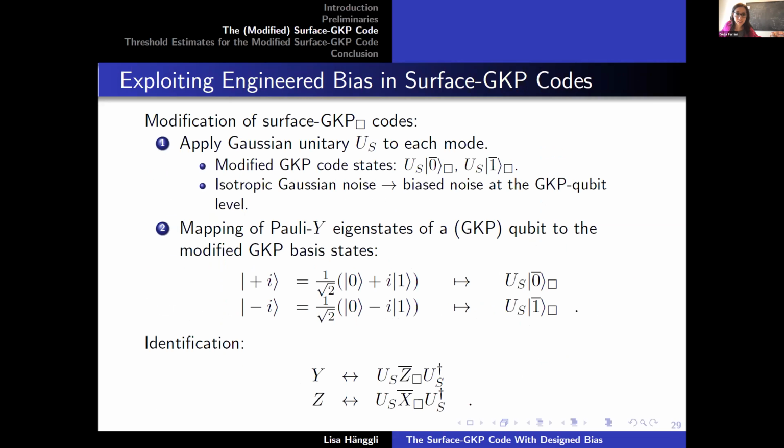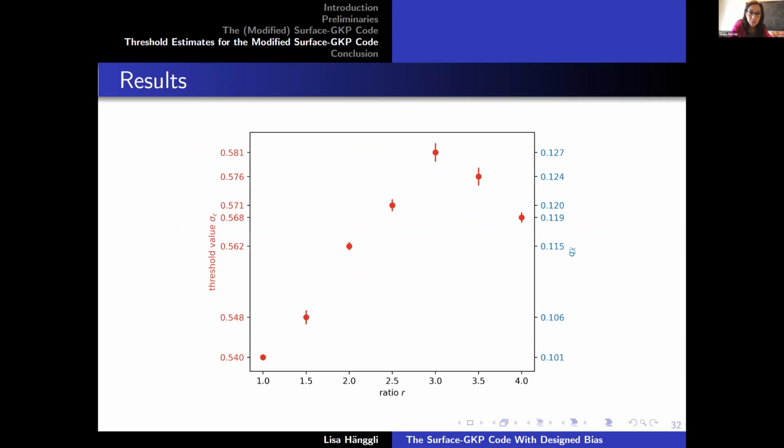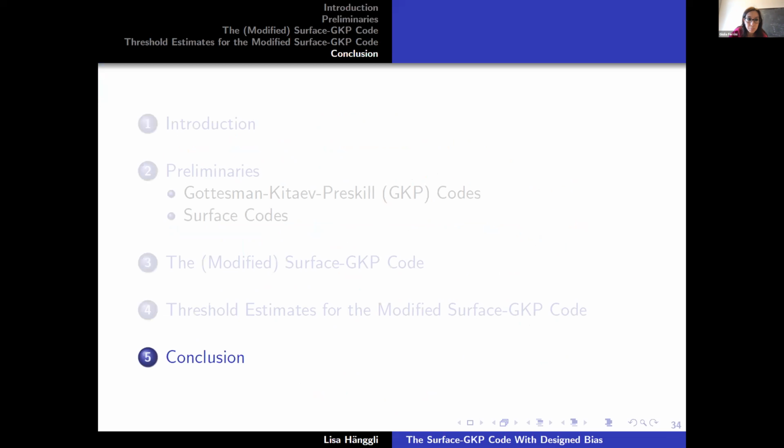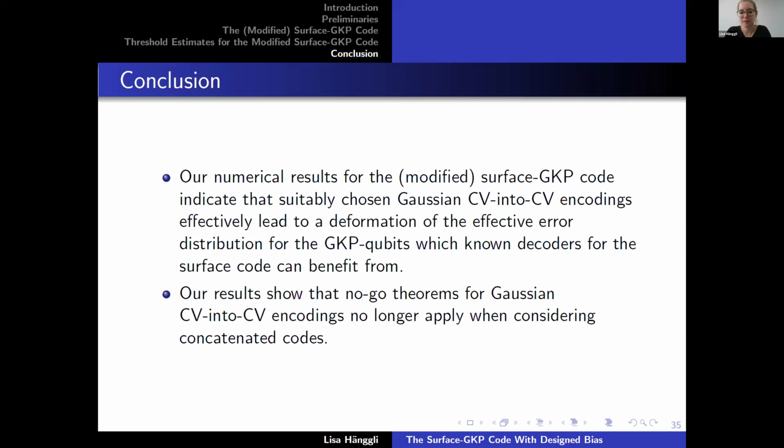Just at the end, in the conclusion, you mentioned some no-go theorem that does not apply here. You mentioned that in principle it's not possible to encode GKP states with symplectic operations, but then you said that here this doesn't apply, and I didn't understand why.